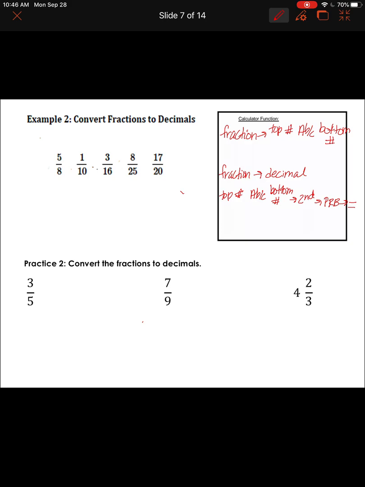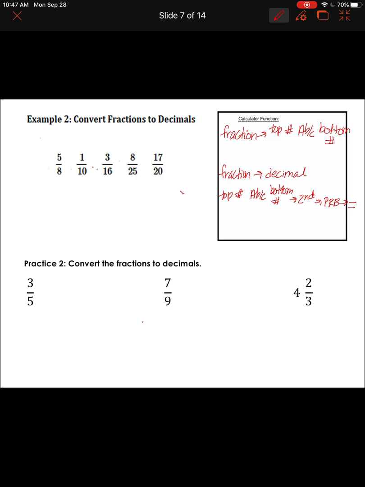Okay? I'm showing you this way so it can be consistent when we turn decimals to fractions. Okay, and there is also a video that is posted to show you where these buttons are on your calculator if you're unfamiliar.